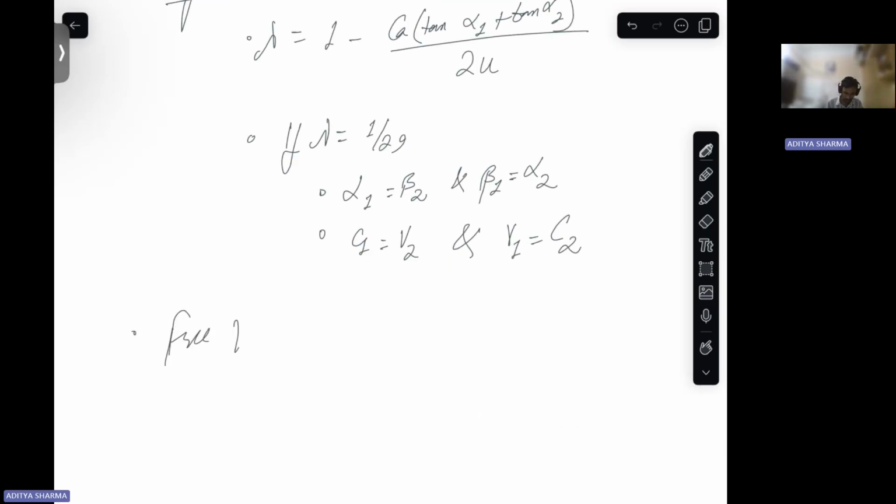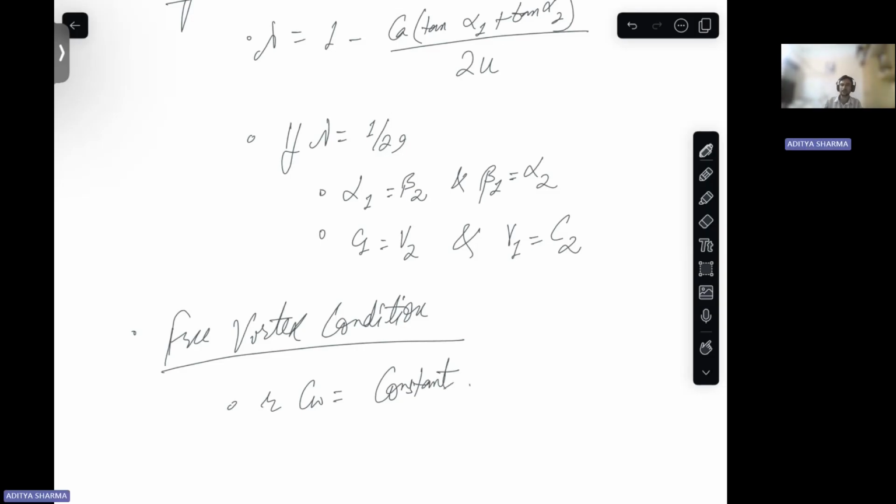Then there is the free vortex condition. So why are we discussing the free vortex condition? We want radial equilibrium at different blade heights when we are analyzing the flow. So we want that radially there should be no flow. When we take such a supposition, we reach this condition, which is the free vortex condition, and this is r C_w equal to constant.